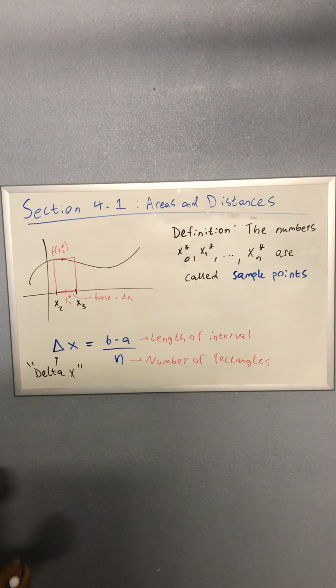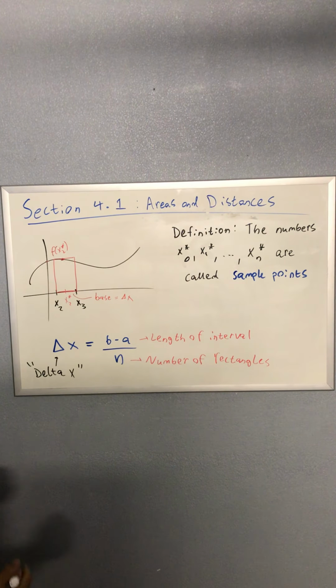So it's just going to be f of x1 star times delta x, because this was x2 star, right? But now, we didn't look at x1 star, so f of x1 star times delta x, plus now this one, f of x2 star times delta x again.